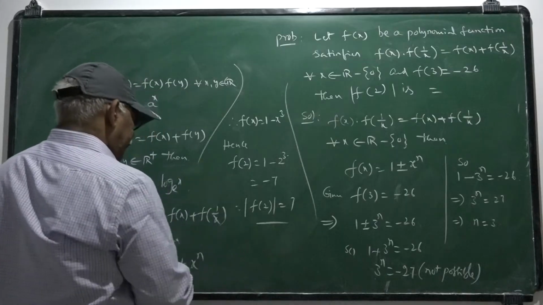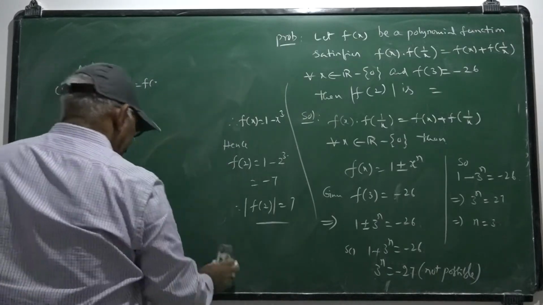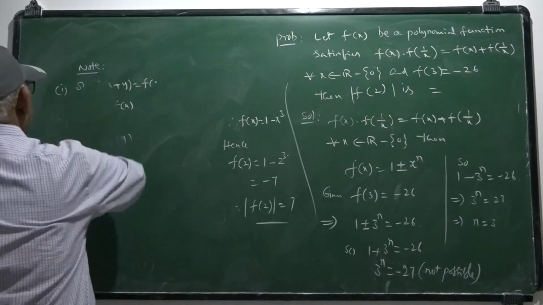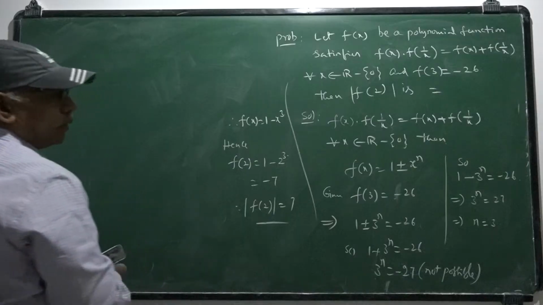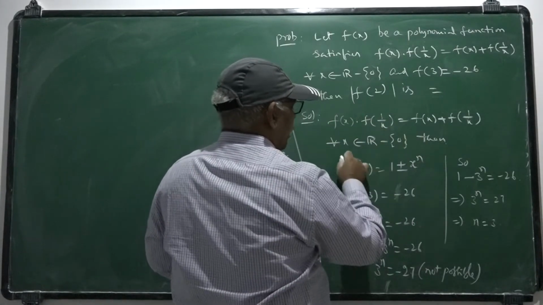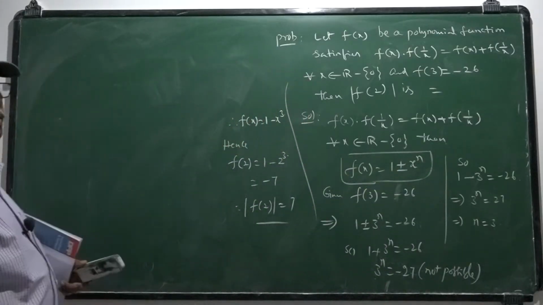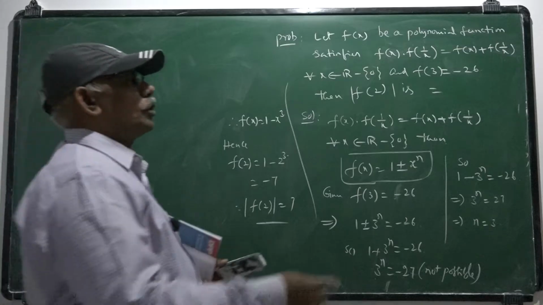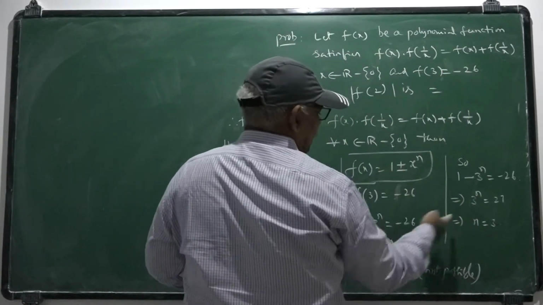Okay. This is a problem related to functional relations. Once the function follows that relation, then you can straight away take the function as 1 plus x power n or 1 minus x power n, based on the given condition.